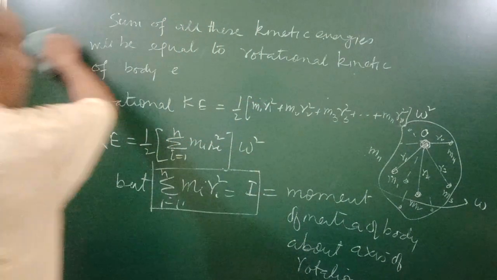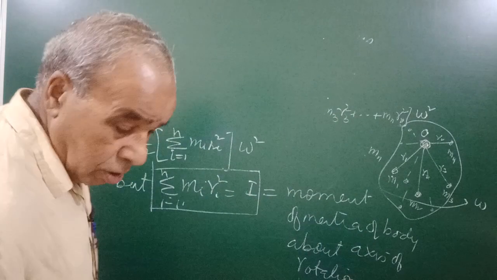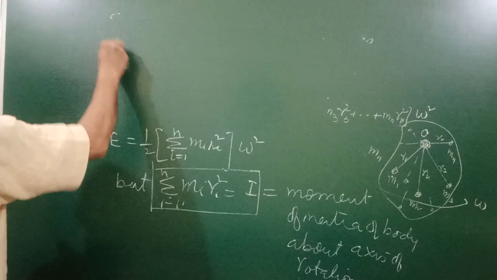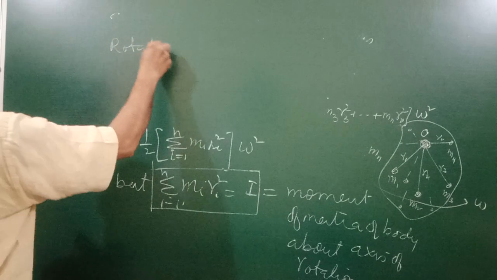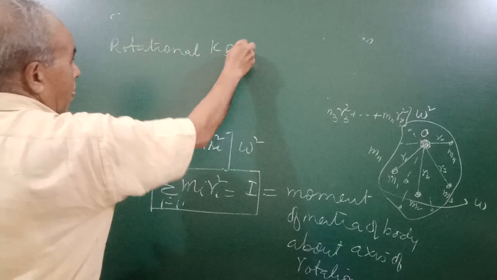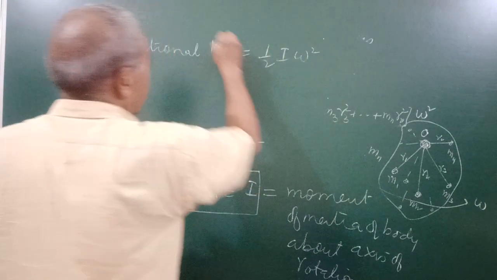So rotation का energy क्या होगा भाई? Hence, rotational kinetic energy equal to half I omega square.